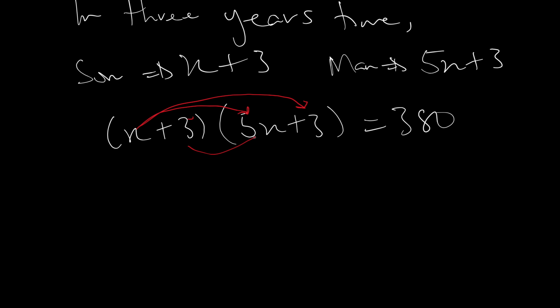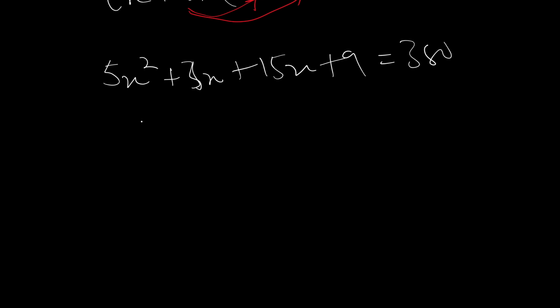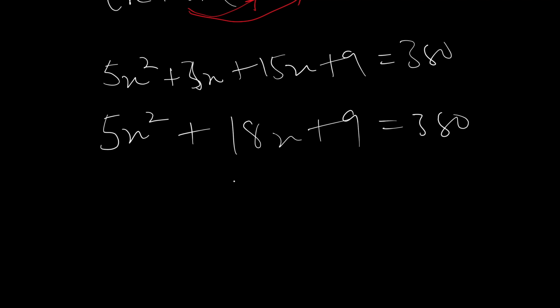Then this multiplies this, and at the same time multiplies this. So when we do that, we have 5x squared plus 3x plus 15x plus 9 is equal to 380. So we have 5x squared plus 18x plus 9 is equal to 380.